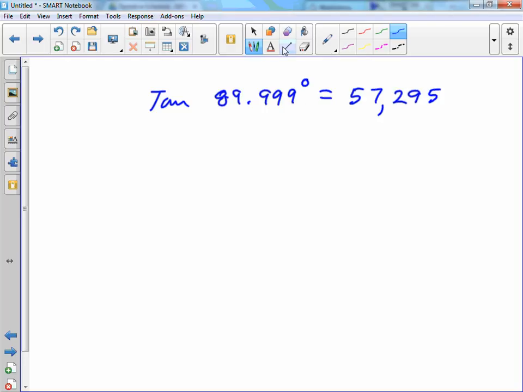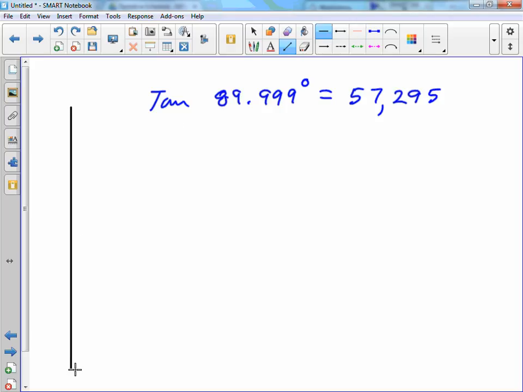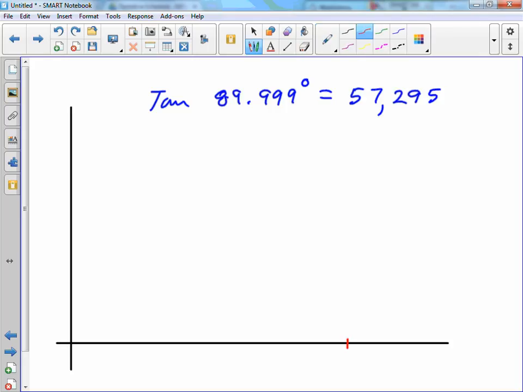So, Kobe, here's the deal. If we have our graph and we get out here near pi over 2, or 90 degrees or pi over 2, and we start out here at 0.